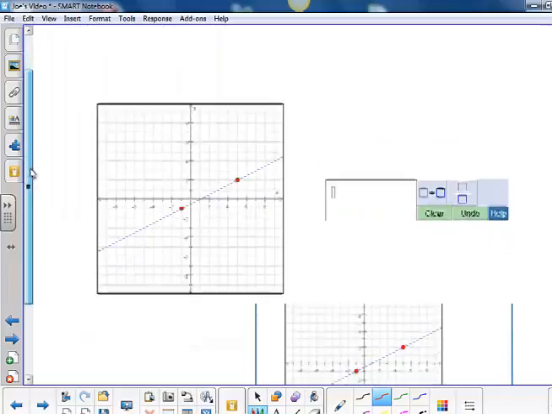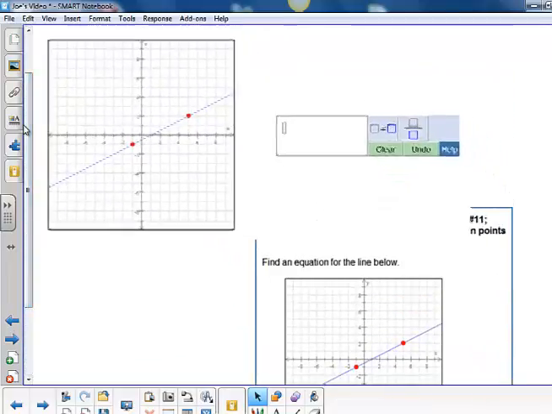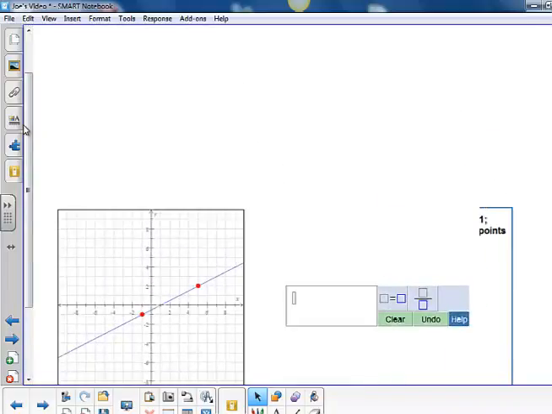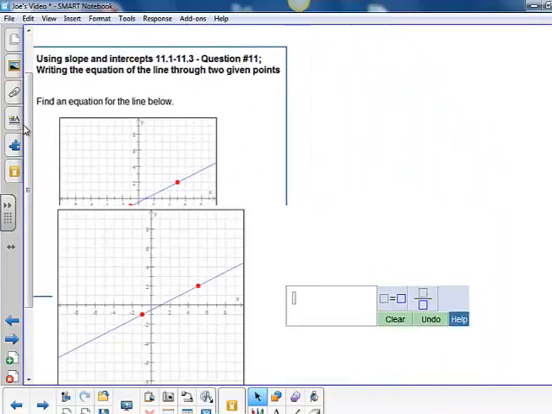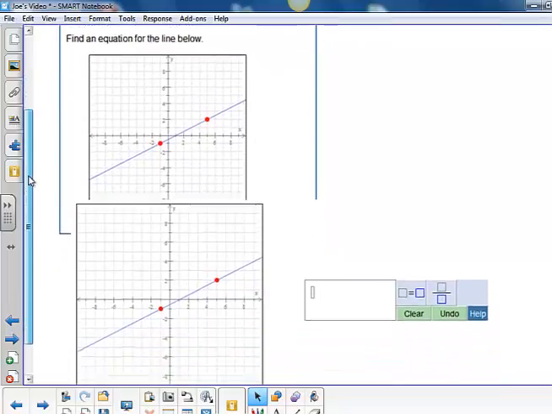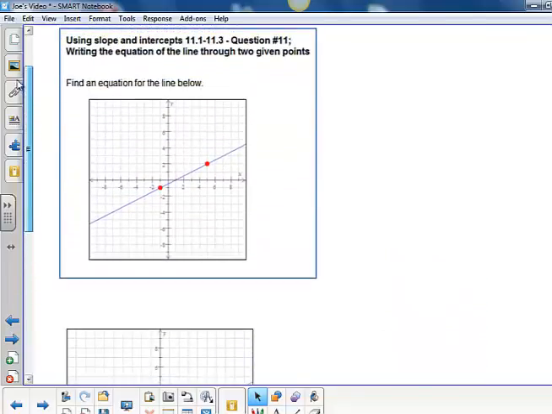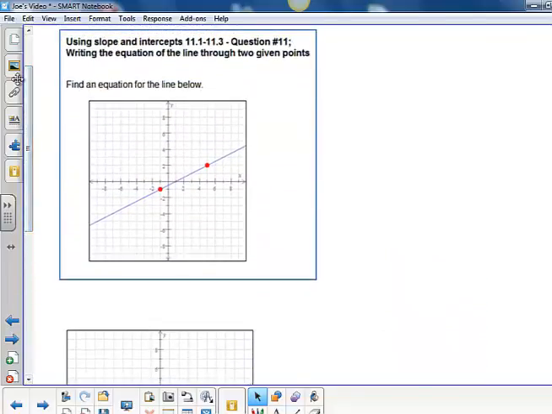Okay? Number 11 also looks like it was a little bit challenging for you, so I'm going to slide these around just so we can see it. Okay. So number 11 says using the slope and the intercepts, write an equation. This is by far the toughest point, okay, because my y-intercept is not exact.